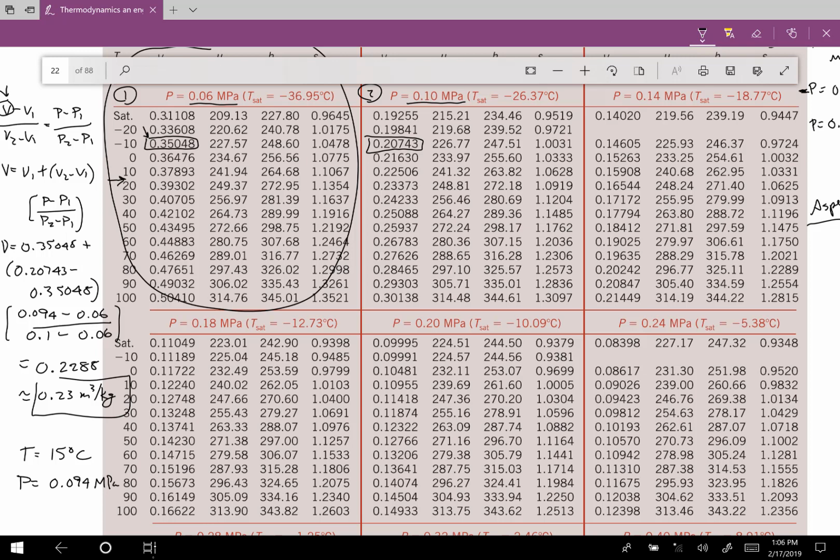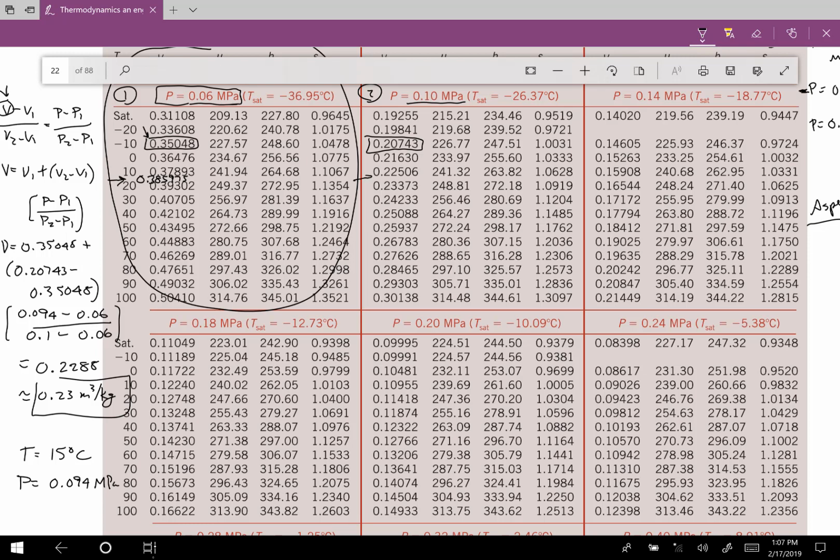So I'm just going to use 0.385975 for the specific volume on the 0.06 megapascals table.